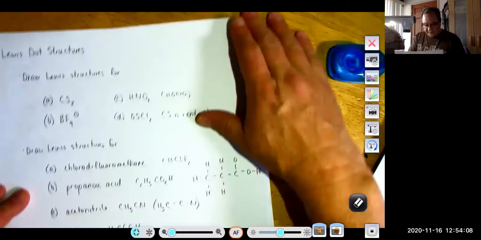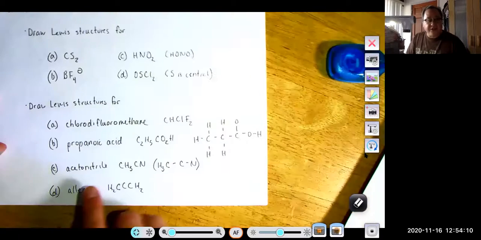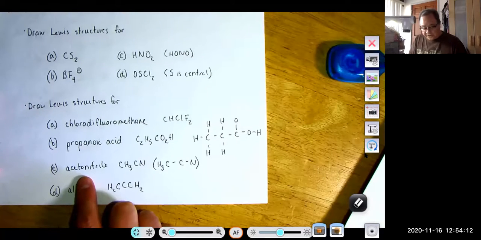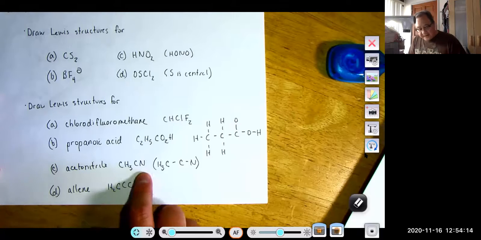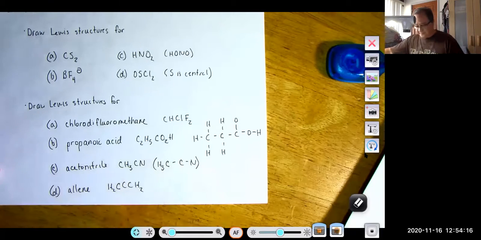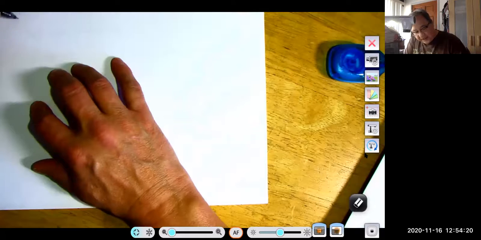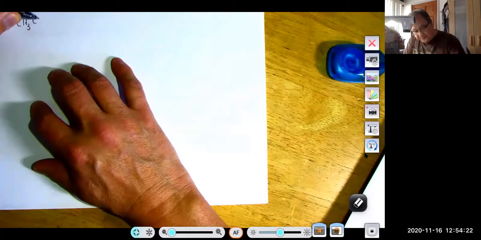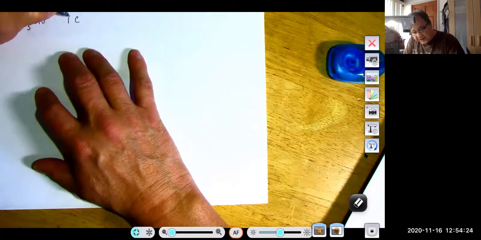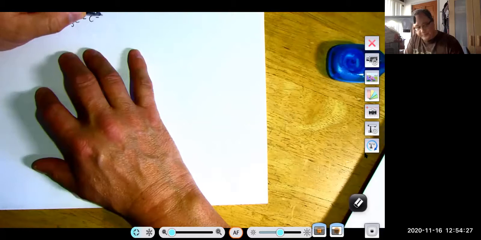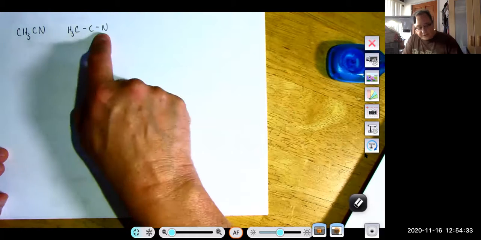And now we want to do acetonitrile, which is CH3CN, and they give us this. So what they're trying to tell us is that a carbon is bonded to a carbon is bonded to a nitrogen.